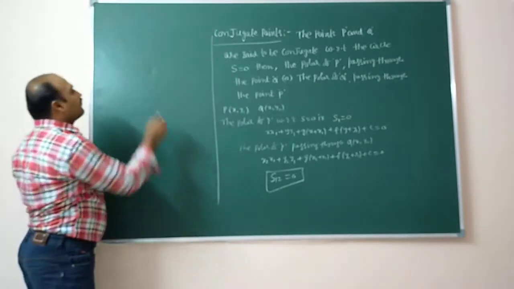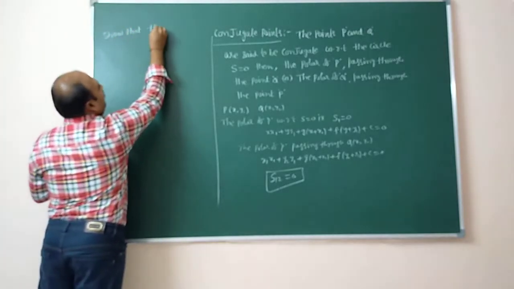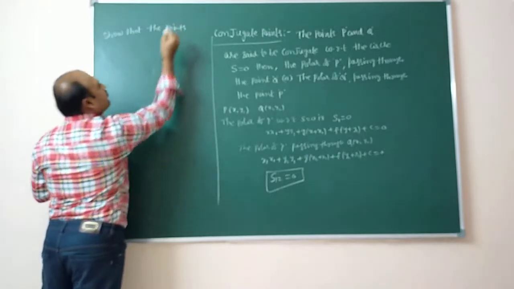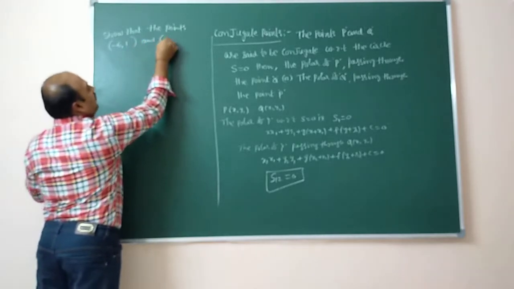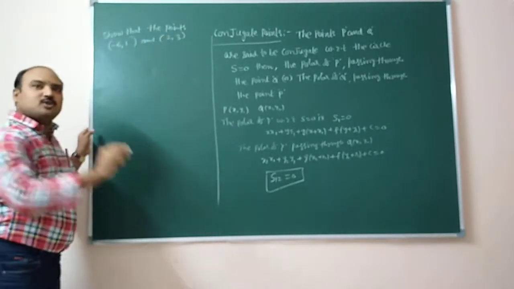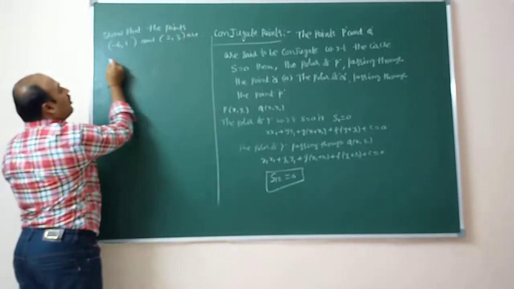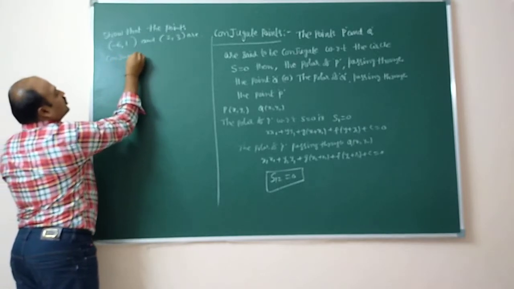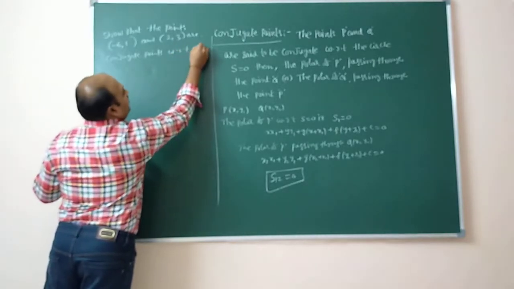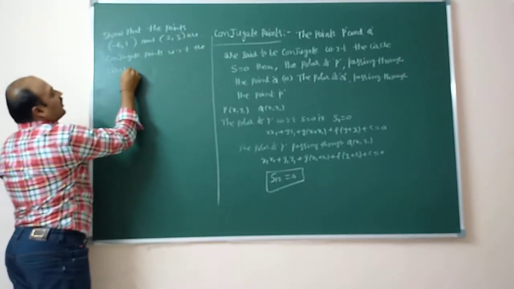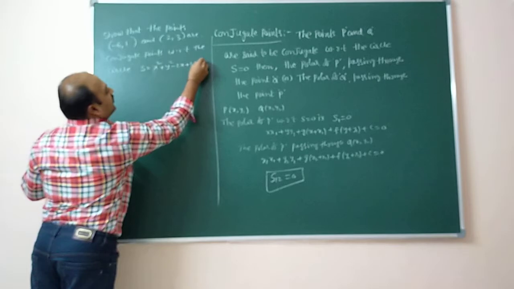Like this, they will ask the question: show that the points (minus 6, 1) and (2, 3) are conjugate points with respect to the circle S equal to x square plus y square minus 2x plus 2y plus 1 equal to 0.